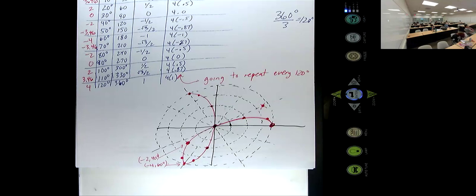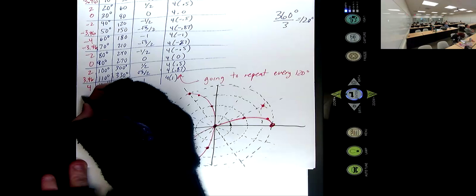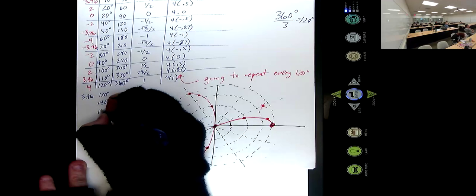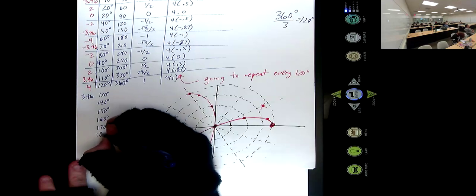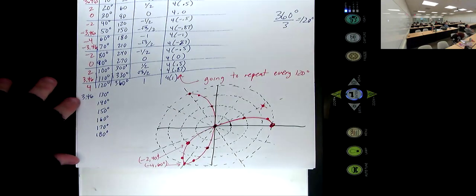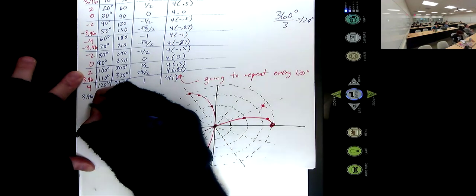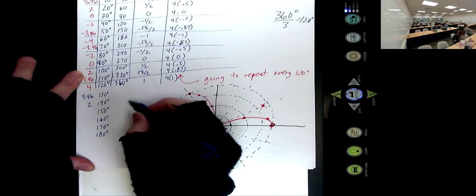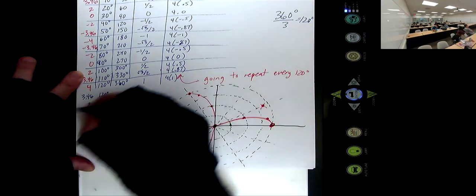I'm gonna add a few more coordinates here that I have pre-calculated. 130 degrees is 3.46. I'm gonna go up to 180 so we can see the rest of the graph. It kind of follows the pattern that we had here, that's a 2. 150 is effectively 0.